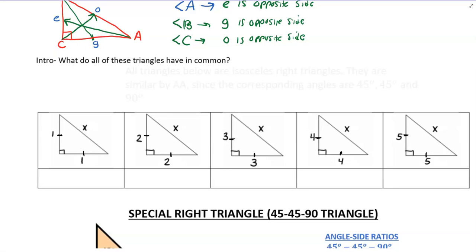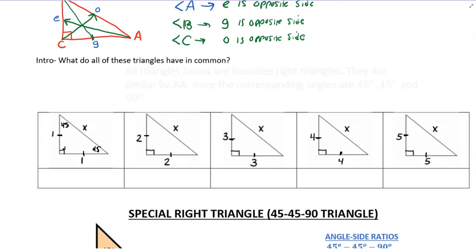And so that makes these, by definition, isosceles triangles. Since the angle is 90 degrees, the other 2 non-right angles would have to be equal to each other since this triangle is isosceles. So 180 minus 90 is 90 degrees. And the other 2 angles then would have to be equal, therefore making them 45 degrees.